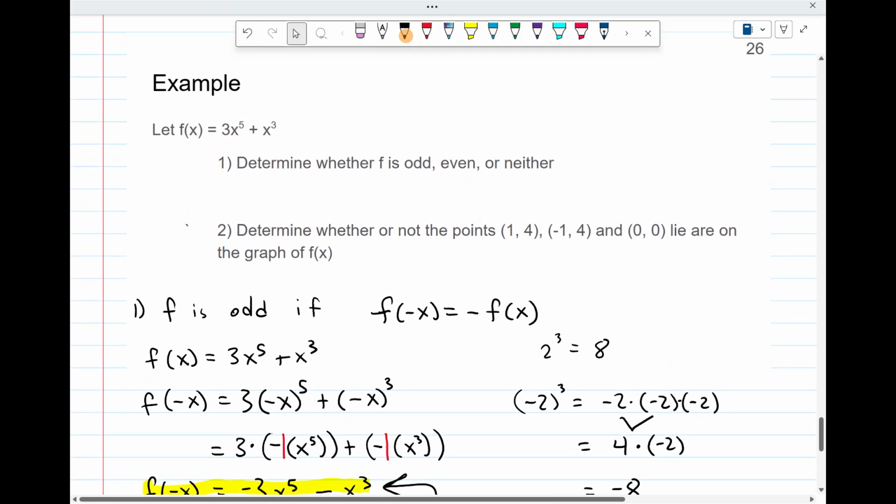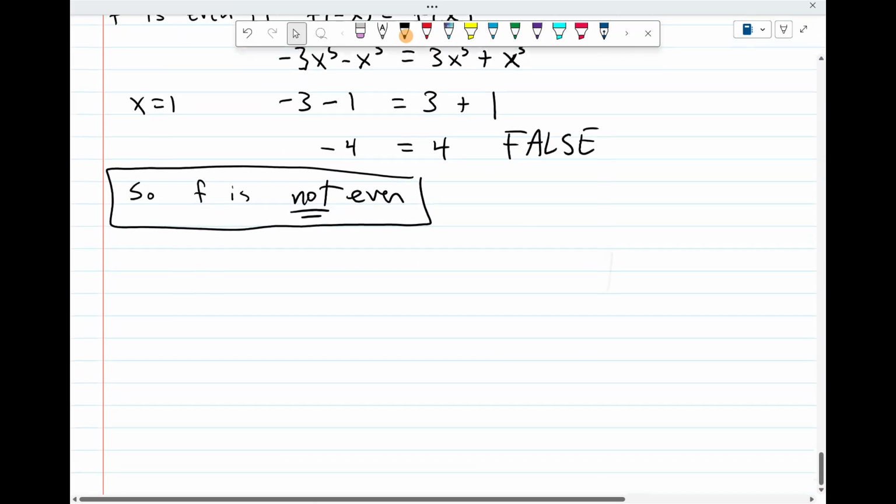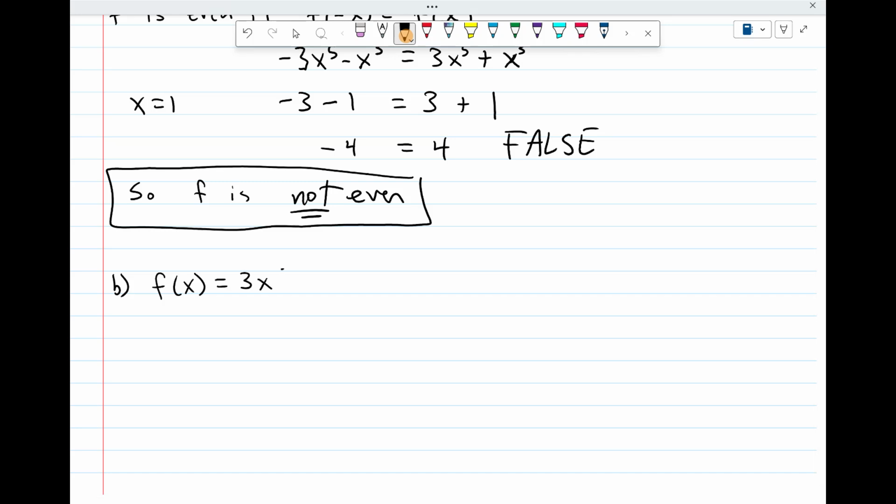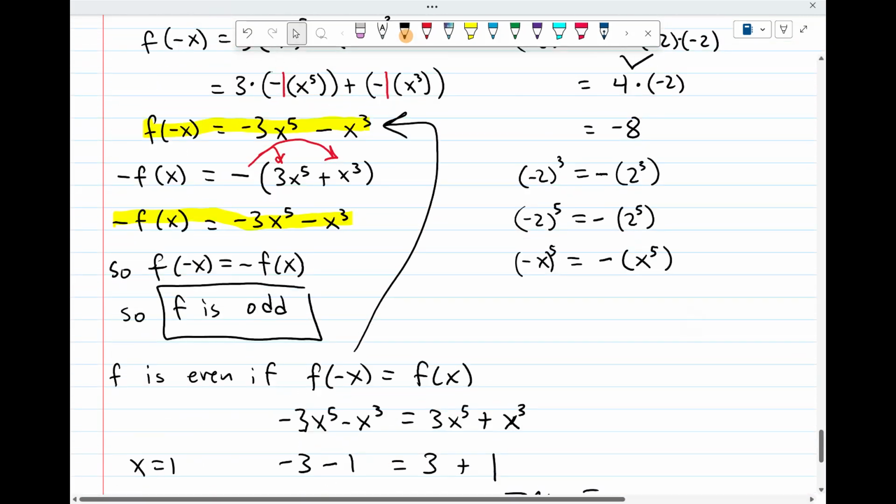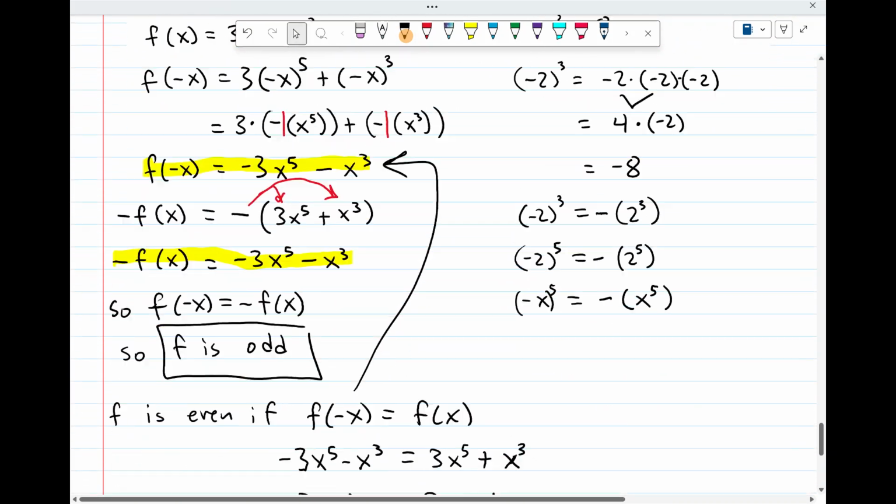All right, next, let's determine whether these points lie on the graph of f of x. We're going to test 1, 4, negative 1, 4, and 0, 0.